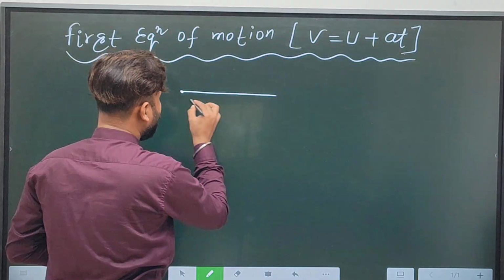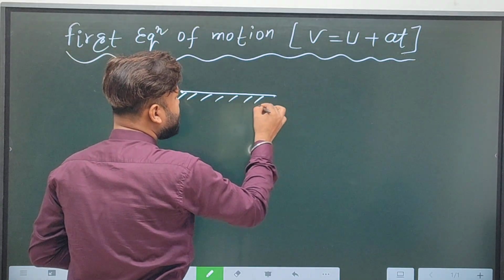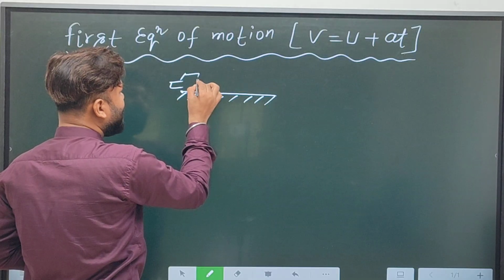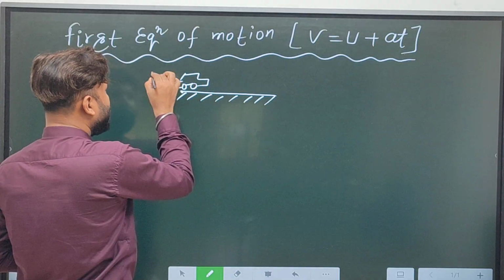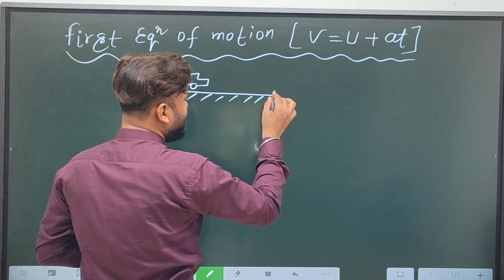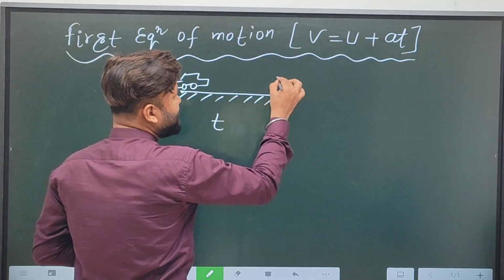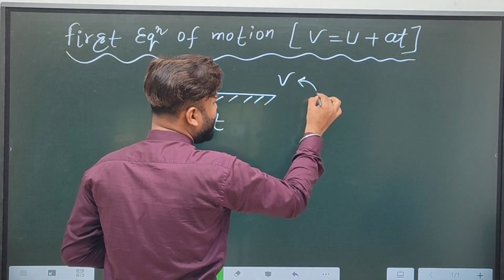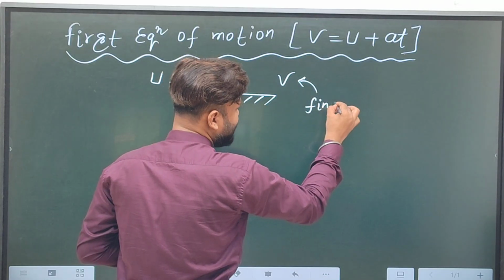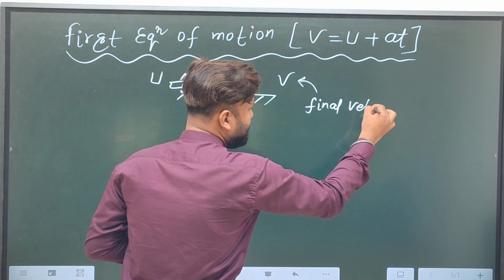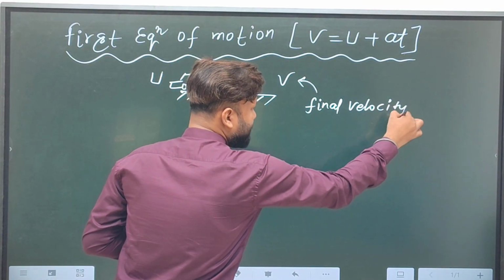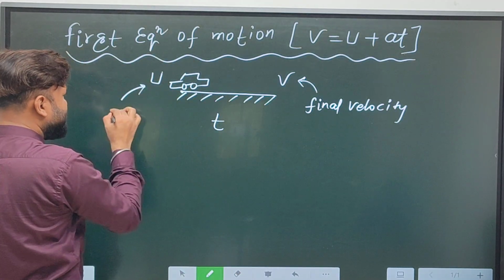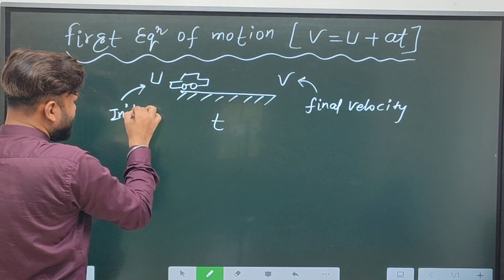Suppose a car is moving with initial velocity U. After time t, its final velocity becomes V. Final velocity, that is V. And this is the initial velocity, students.